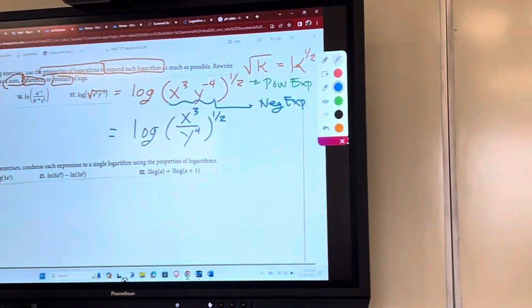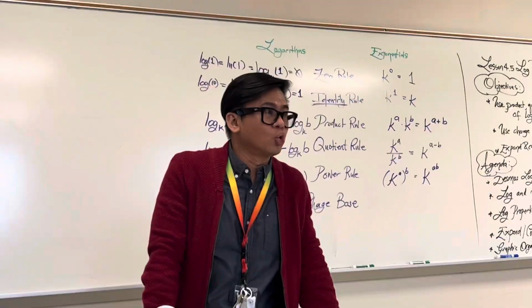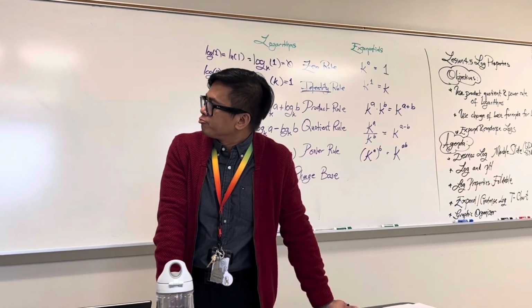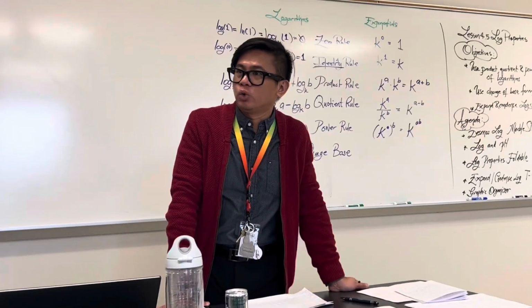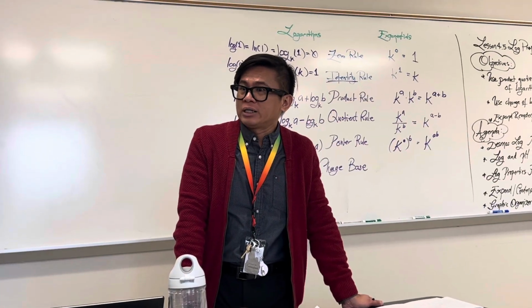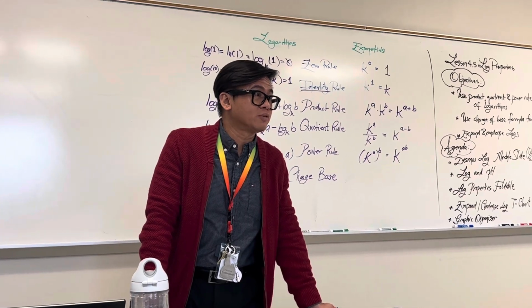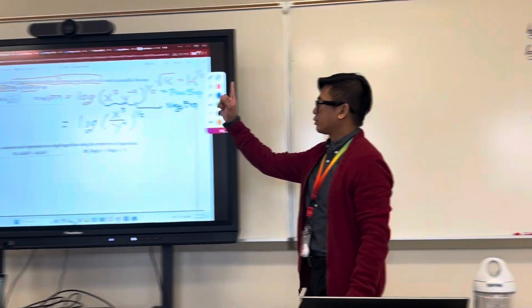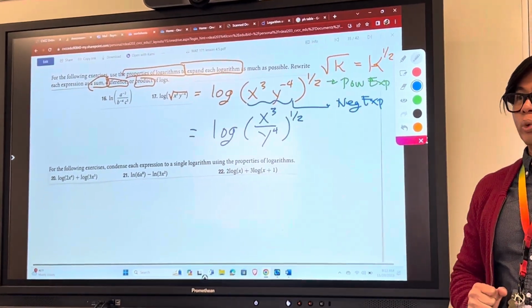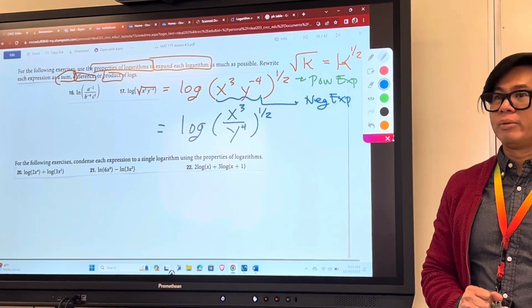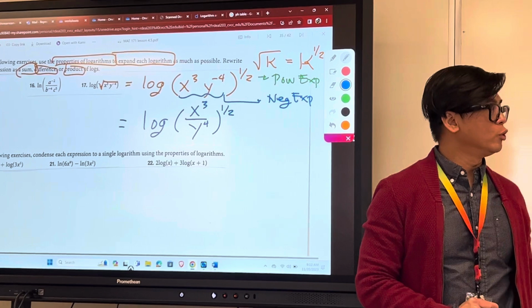Now, since we have used our power and negative exponent rules, let's use our log rules to expand this. First of all, what are you going to do with the 1/2? We're still using PEMDAS, or order of operations, so we start with the parentheses and exponent. What rule should we use?